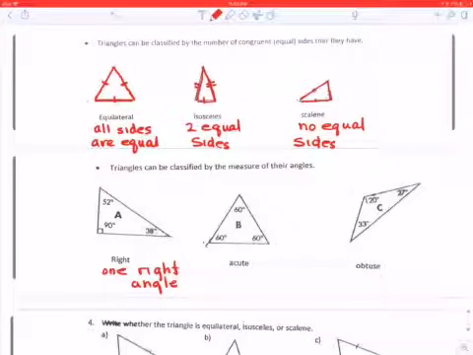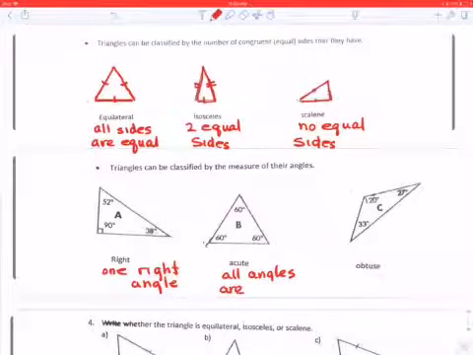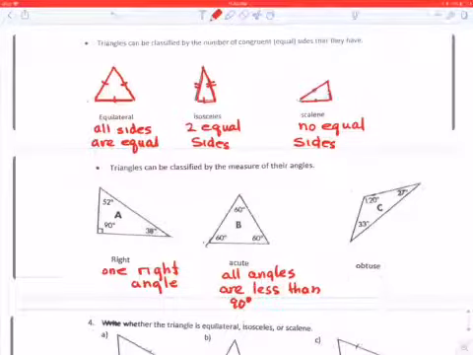If all the angles are less than 90 degrees, we call it an acute triangle. Now, if our triangle has one angle that's more than 90 degrees, we call it an obtuse triangle.